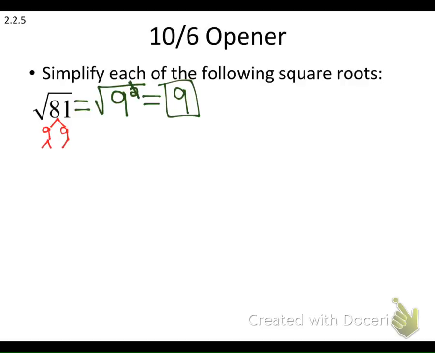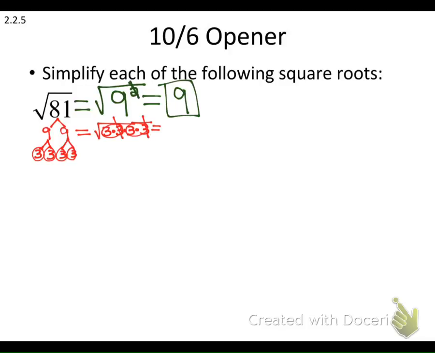What 2 numbers can you multiply together to get your 9? 3 and 3. So I'm going to circle all my prime numbers. Okay, I got that. I'm going to come over, write my equal sign, my square root sign, and all my 3's under my square root sign. From here, what do I do? Circle my pairs.